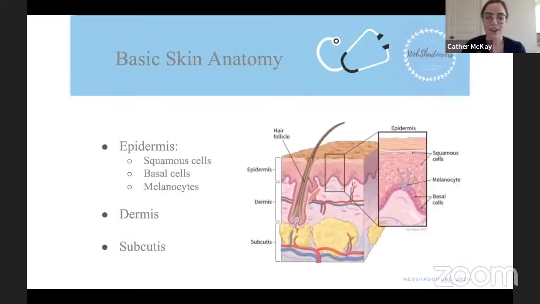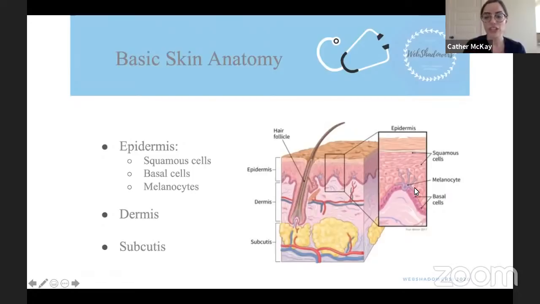Like we talked about last time, this is a cross-section of the skin. This is the outermost layer, the stratum corneum, the epidermis, and within the epidermis, you have your squamous cells and basal cells, which are producing the squamous cells.